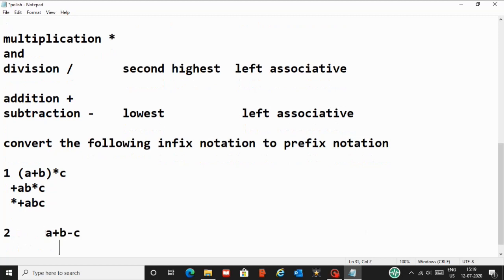Since plus and minus have equal precedence, I should take care of the associativity. Both are left associative, so I will do A plus B first and then minus C. So I will do plus AB minus C.